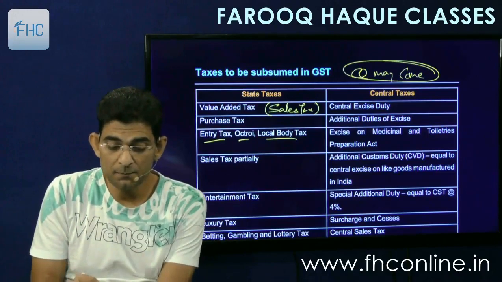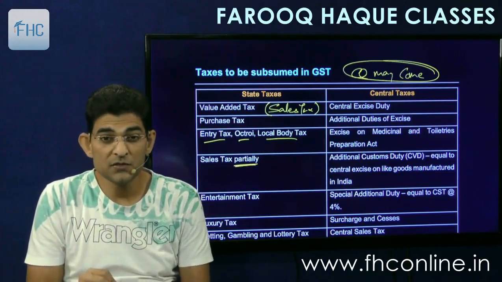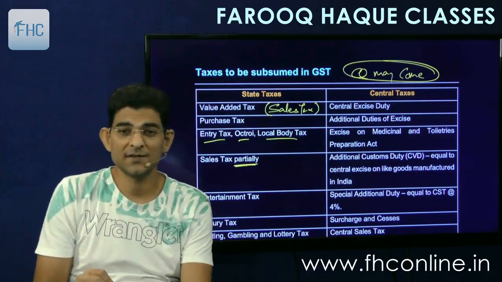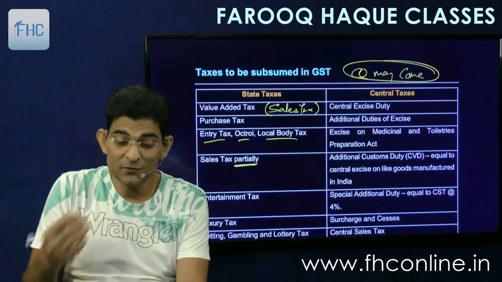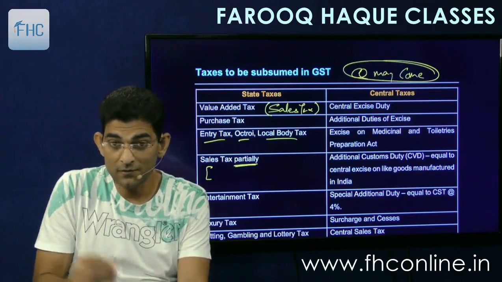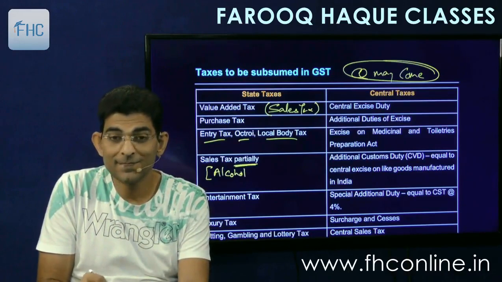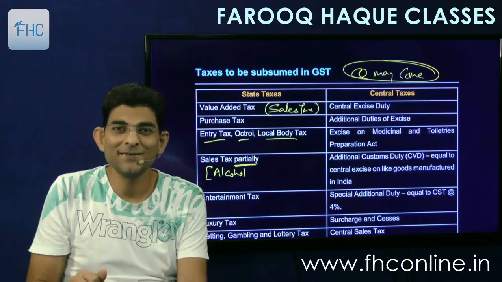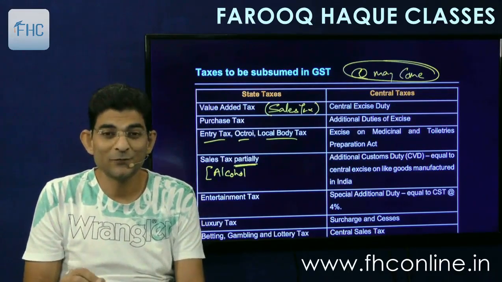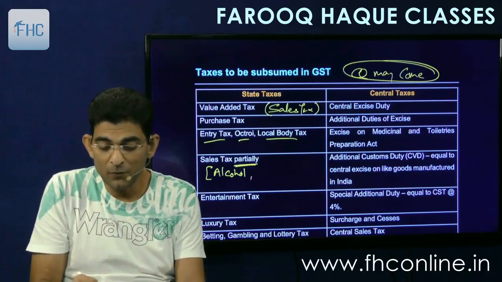Then sales tax partially, because there are a few goods which are still left out of GST. So what is excluded? Excluded right now are alcohol, that is alcoholic drinks for human consumption, liquor, and petro products.